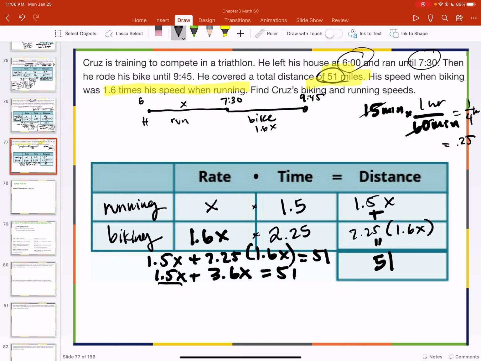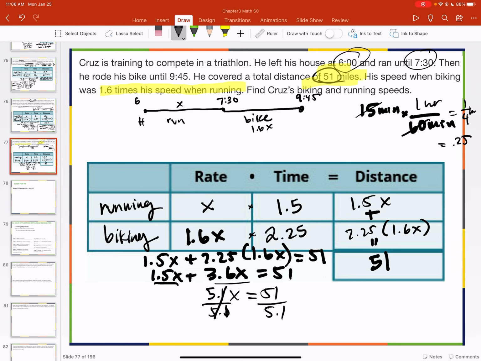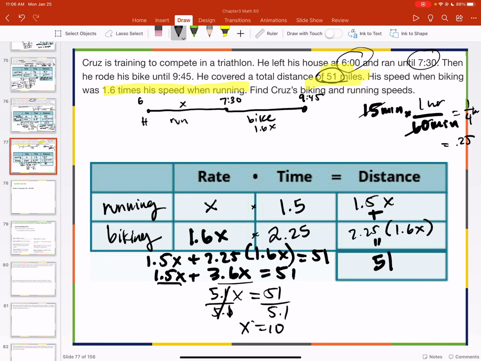All right, rant over. Combine like terms, that becomes 5.1x is equal to 51. Divide both sides by 5.1. And we get x is equal to 10. So x represents the rate running.